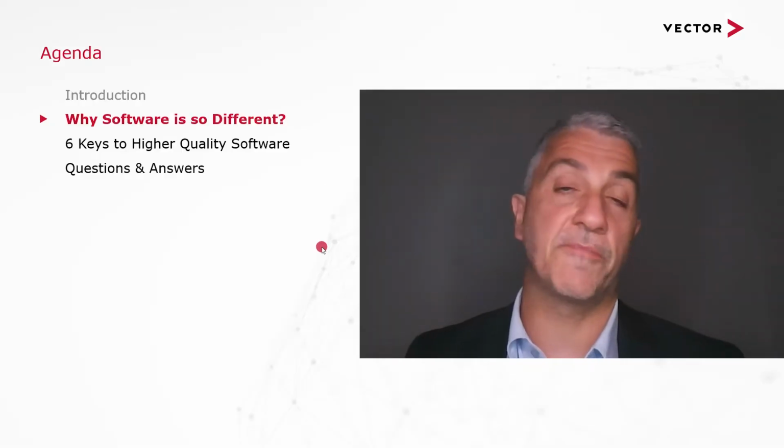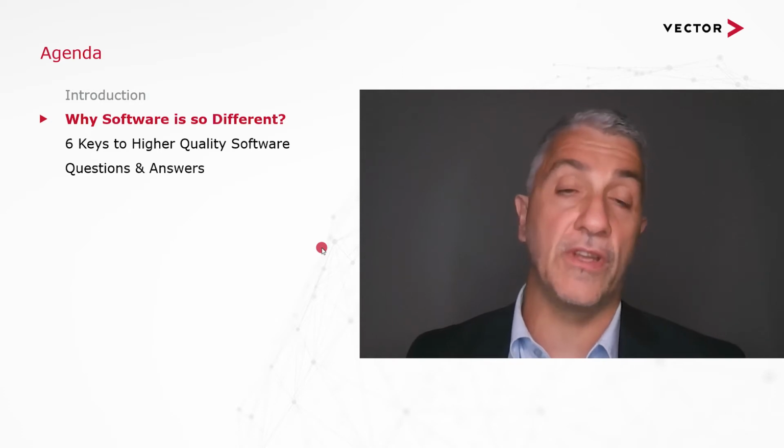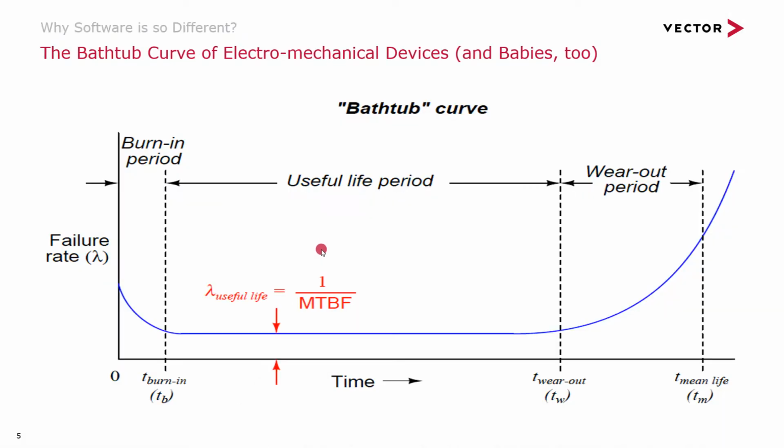So the first aspect that we are going to discuss is why software is so different. So different from what? Different from, for example, the electromechanical device. I don't know if you are aware of the bathtub curve of the electromechanical devices that could be applied to humans and to babies too.